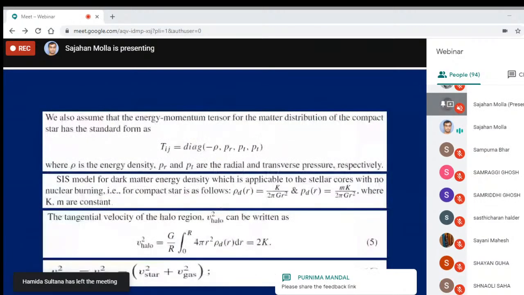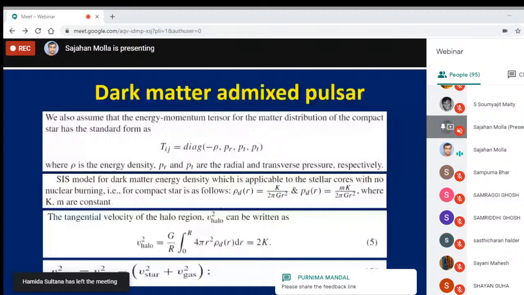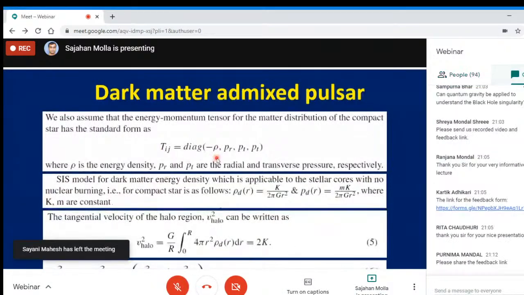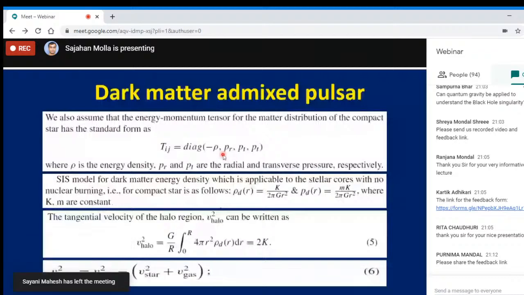We also consider the energy momentum tensor in this form, minus rho, PR, PT. Here rho is the density, PR is the radial pressure, and PT is the transverse pressure.